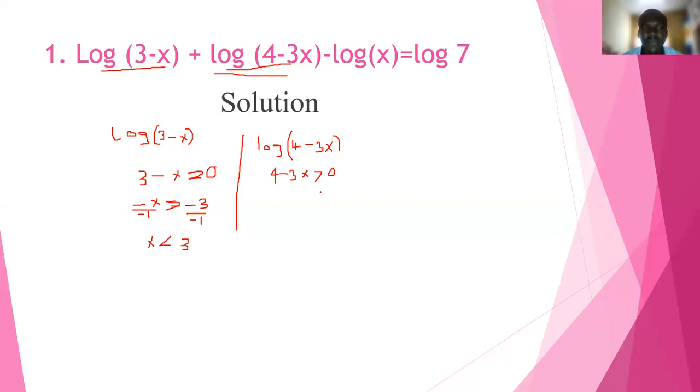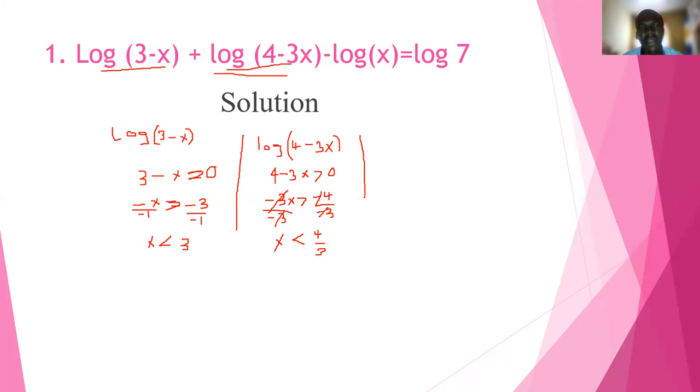This 4 goes to the other side, and we have negative 3x is greater than negative 4. Then we divide both sides by negative 3, and because we divide by a negative, we reverse the sign. Now x is less than 4/3.